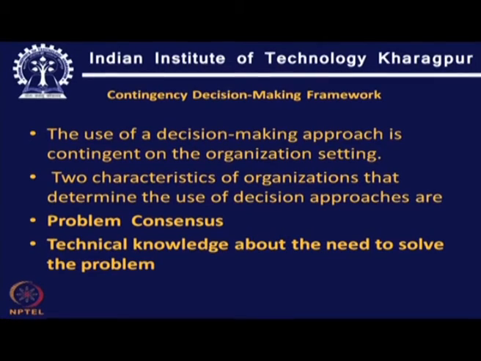If you're talking of the contingency decision making framework, this is a decision making approach which is contingent on the organization setting. Two of the characteristics of the organization that determine the use of decision approaches are problem consensus, where people come to a consensus about a particular problem or a group of problems that need solutions, and second is the technical knowledge about the need to solve a particular problem.